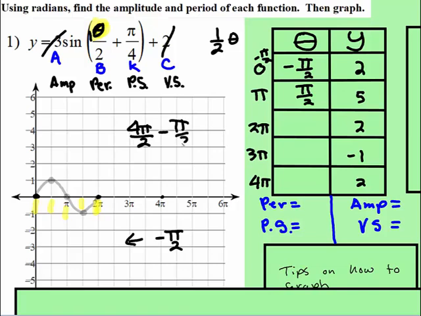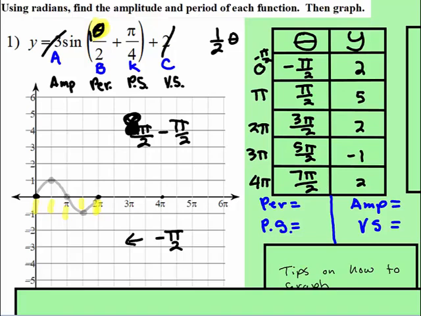Subtract pi halves. Well, 4 subtract 1, that's 3 pi halves. 3 pi is the same as 6 pi halves. 6 subtract 1, that's 5 pi halves. 4 pi is the same as 8 pi halves. 8 subtract 1 is 7 pi halves.